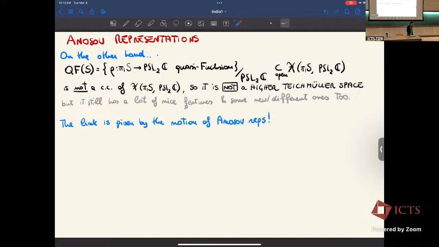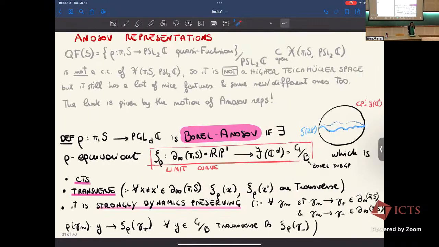And so what is the definition of Anosov? I'm giving here the definition in one particular setting, and I'll tell you in a second in how many ways you can generalize that. Here I'm looking at, for example, representations in PGLdC that are Borel-Anosov.